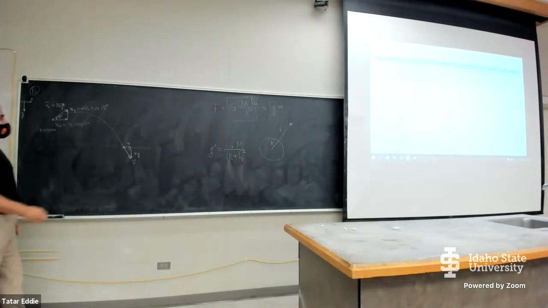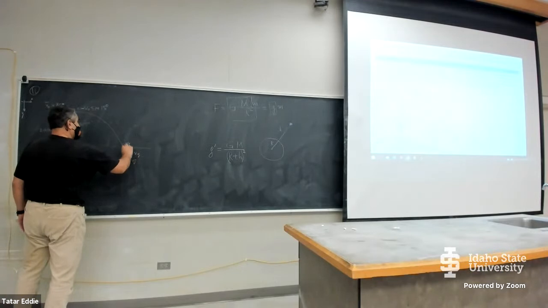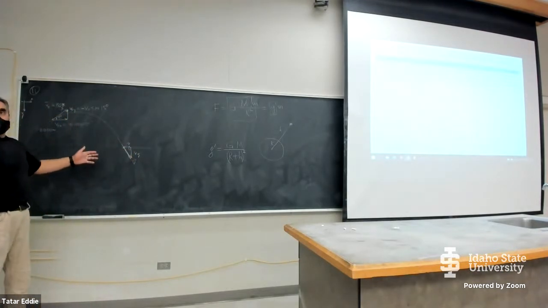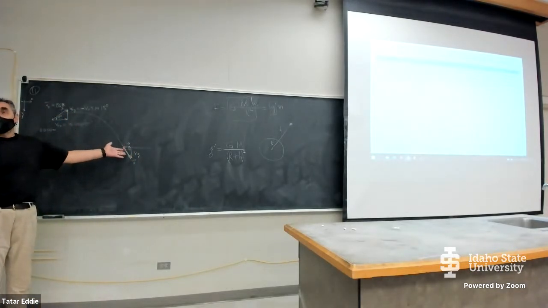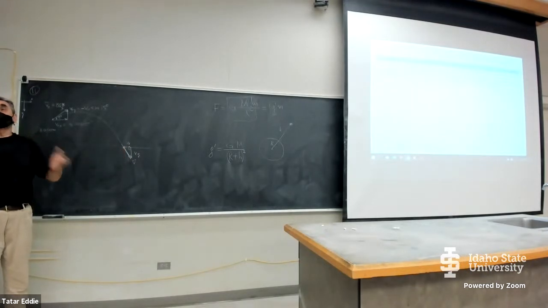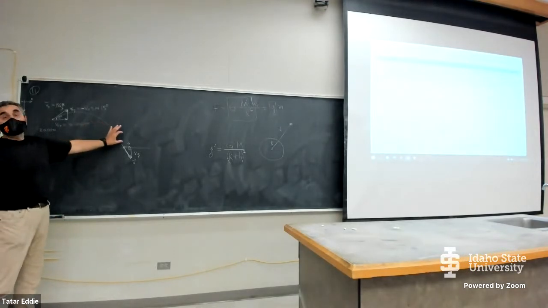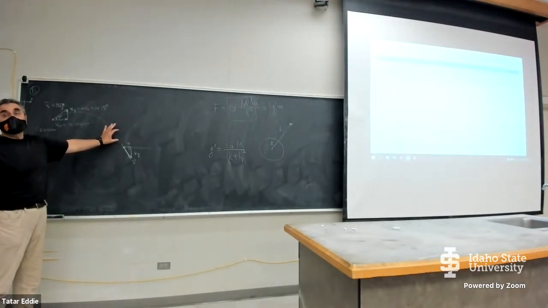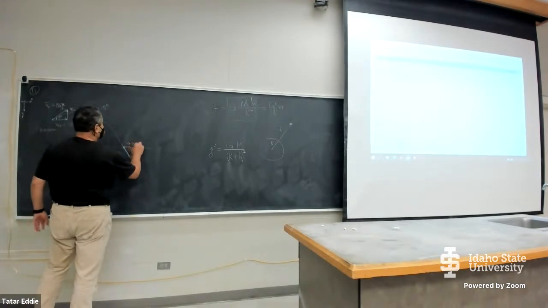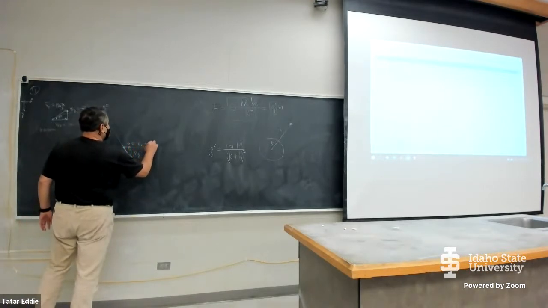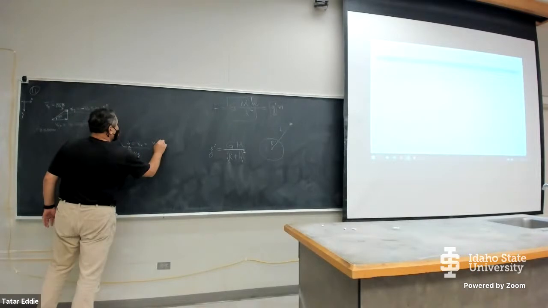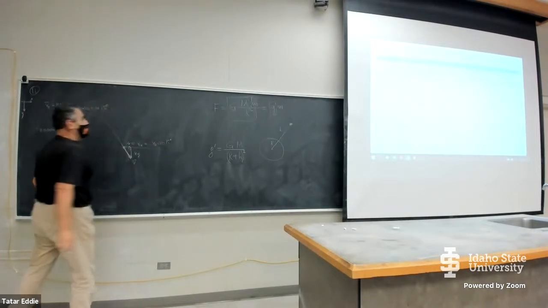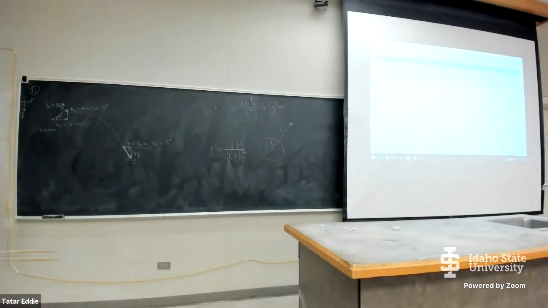Since they're asking for the final velocity vector, I have to find its components, and knowing the components, I can figure out the total final velocity. The x component of final velocity is exactly the same as the x component of initial velocity, because in horizontal direction, no changes happen.